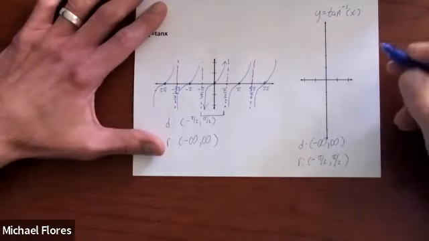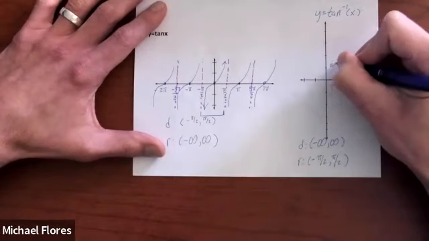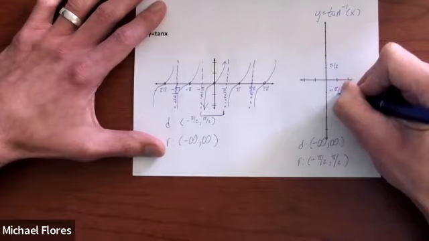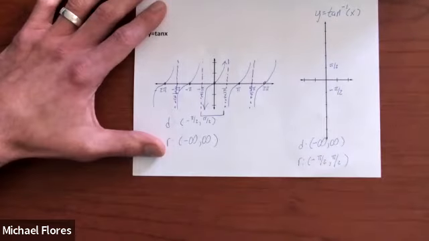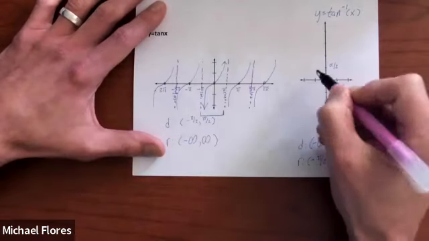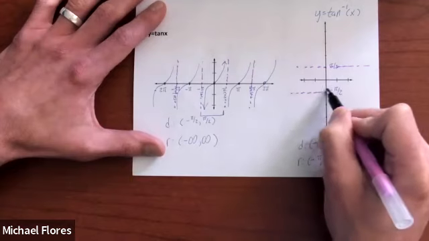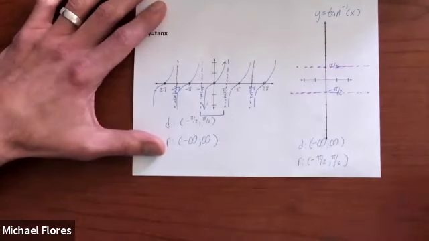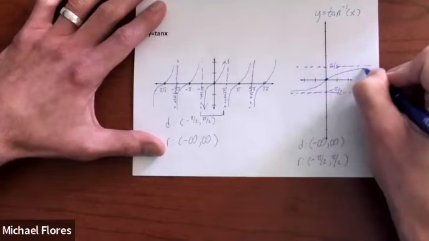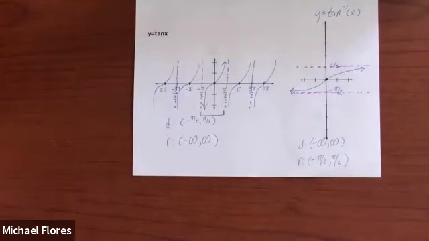Okay, so since our range is going to be negative pi over 2 to pi over 2, this is our pi over 2 value. This is negative pi over 2. So rather than having vertical asymptotes like we did here, we're going to have horizontal asymptotes. At positive pi over 2 and negative pi over 2. Then we can draw what looks like a cube root function.